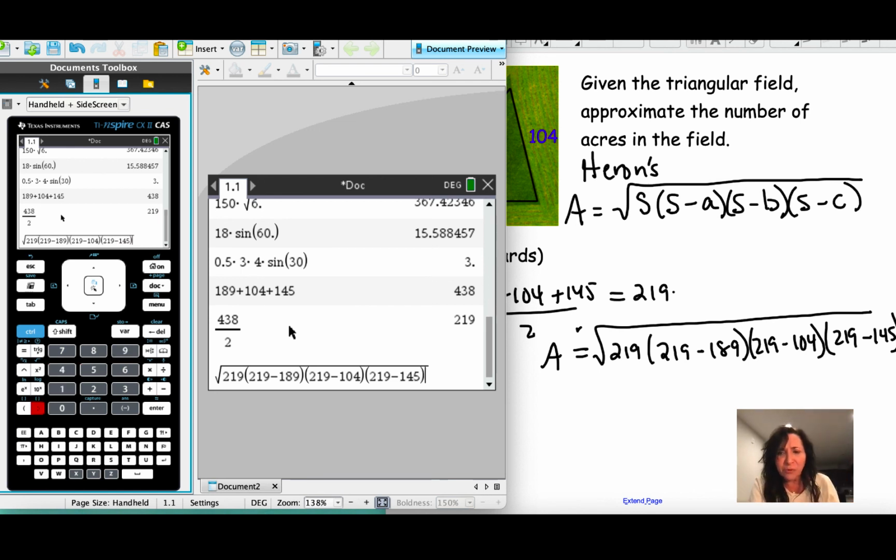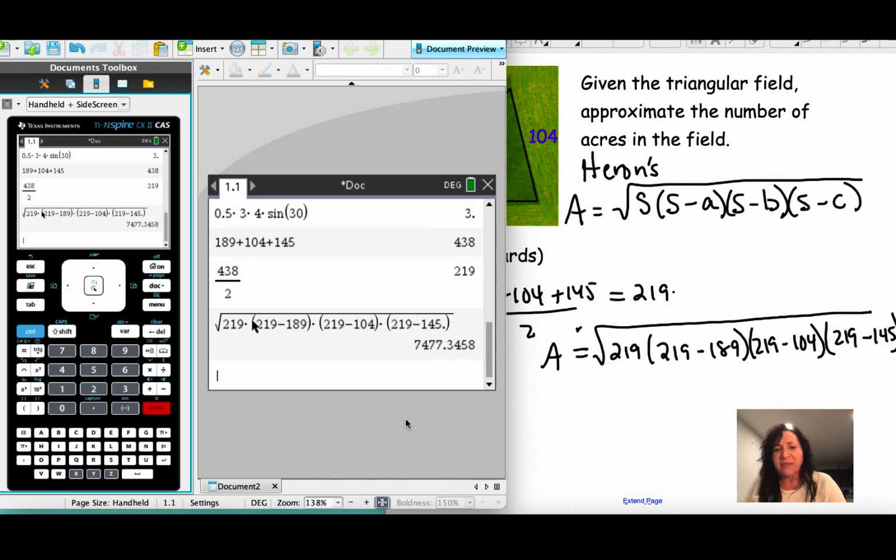I don't have any decimals there, so I think I'm going to go back and put a decimal point here. My other option would be control enter and see the approximation above that. That's what I would use, but I didn't. So enter.